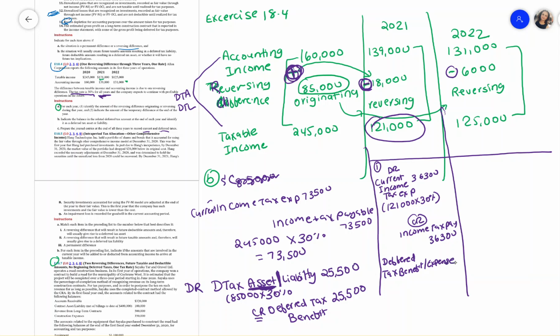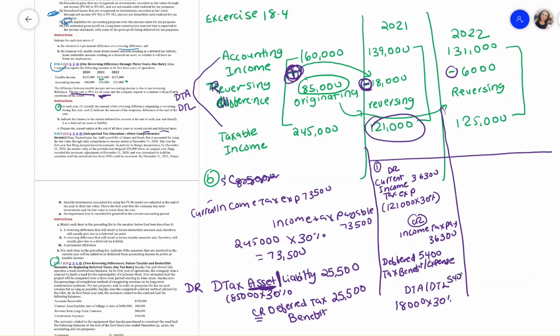If it's a liability, it's an expense account, and you're going to credit the deferred tax asset / deferred tax liability account. I'm doing a short form so that I don't have that much room. What I'm going to do is 18,000, and you multiply by the 30%. That will give you 5,400.